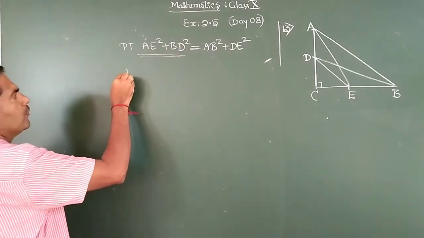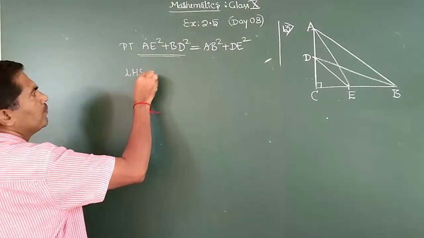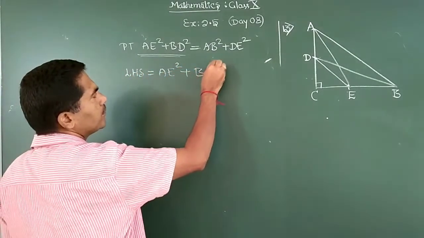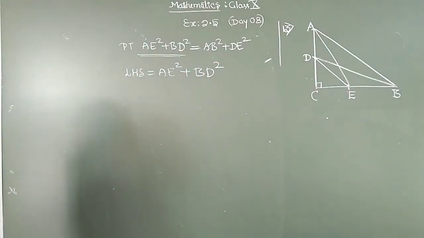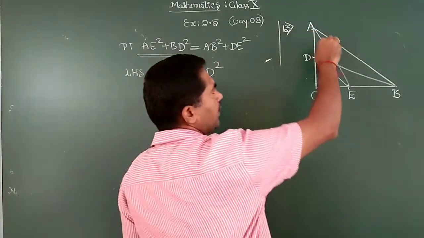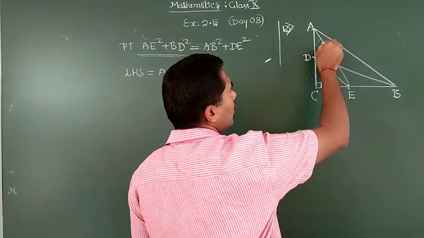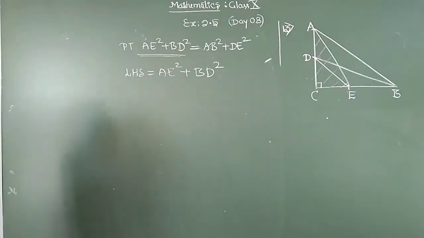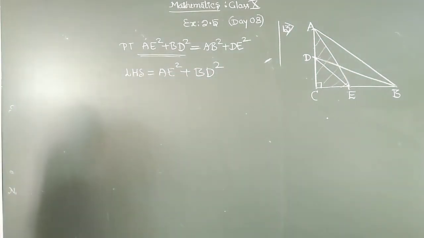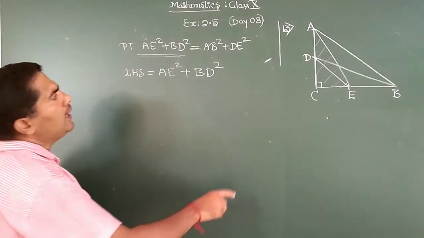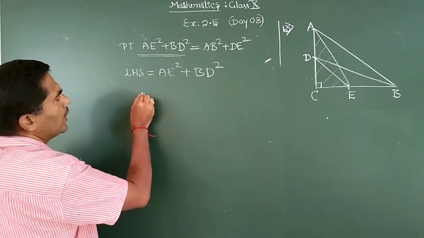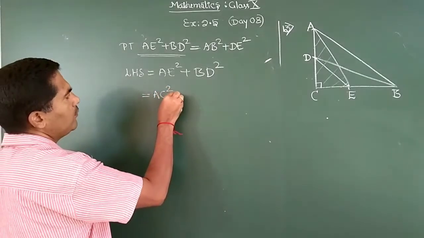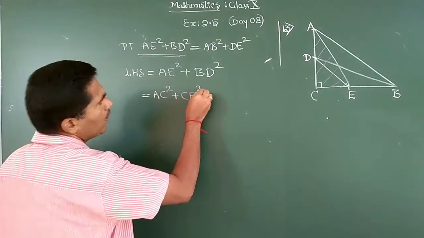We have LHS. LHS equals AE square plus BD square. Let me take that. So AE, what do I observe? AE is the hypotenuse of triangle ACE. I have shaded it in light shade. In that, AE is the hypotenuse. So you can write AE square equals AC square plus CE square from Pythagoras theorem.